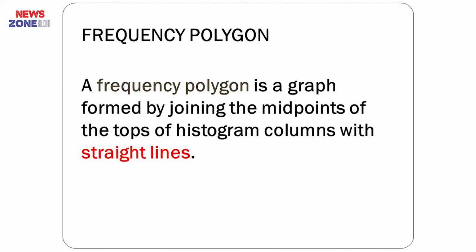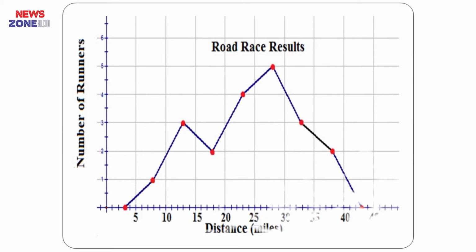If we connect the tops of all the columns with a line, the picture appears like this, and this is a frequency polygon. Here the red dots indicate the tops of the bars we saw in our histogram picture.